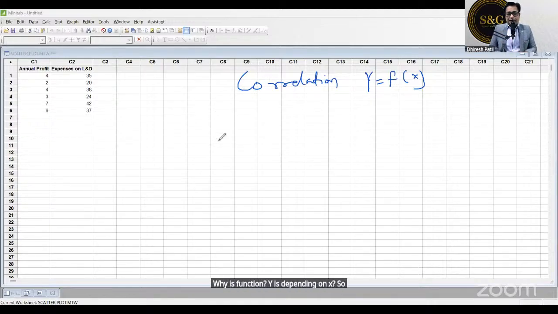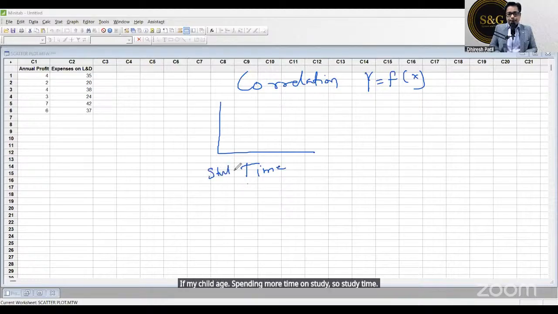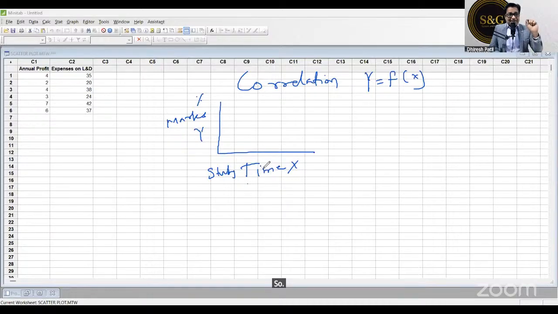So for example, if my child is spending more time on study, so study time is my x, and percentage marks is the y. Some of you are not receiving the file, is it?